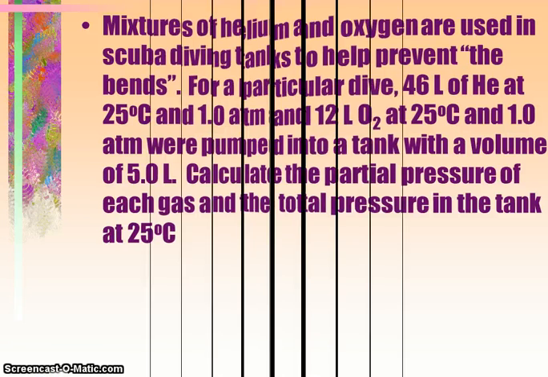All right, so let's look at our problem. We're going to first start with helium. It gave us the pressure, volume, and temperature for our helium gas originally, so we can find out how many moles of gas we have. PV equals nRT. We've got 1.0 atm, 46 liters.